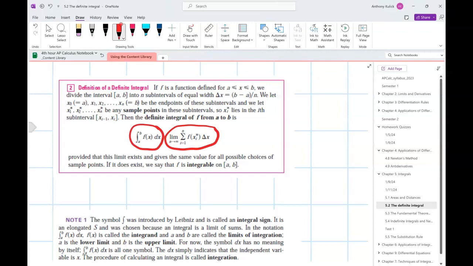So that reads the integral from a to b of f of x dx, which means the same thing as that sum of infinite rectangles, which was the same as the area under the curve. So this is equal to the area that we saw in 5.1. Okay? Does everybody feel okay with this?